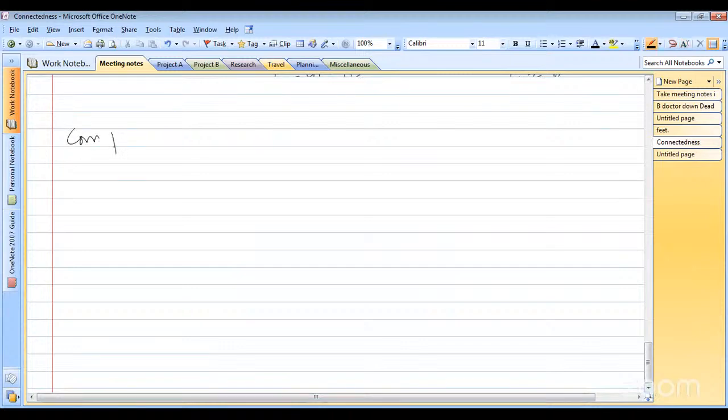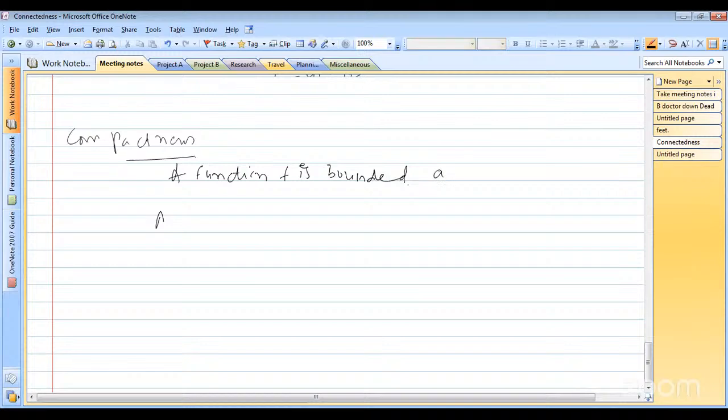Compactness. In compactness, what we are taking as a definition is that a function f is bounded on a set X contained in the domain of f.